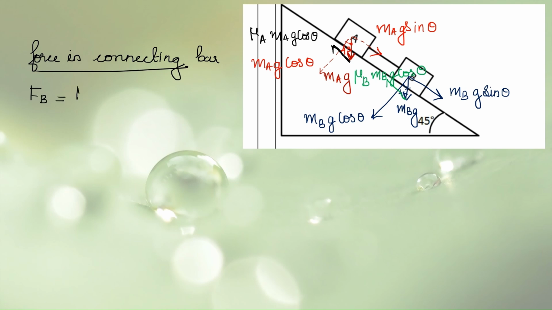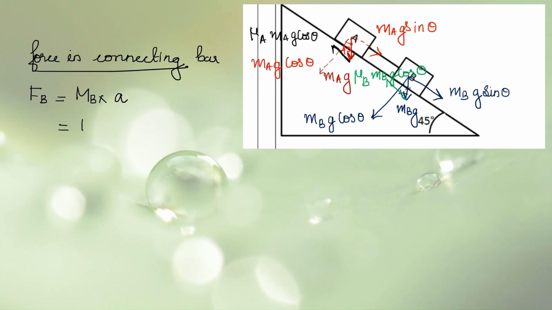Next we need to find out the force in the connecting bar. For finding the force in the connecting bar, I am considering my B, and the force on the member B. The force on the member B is mass of member B into total acceleration of the system.